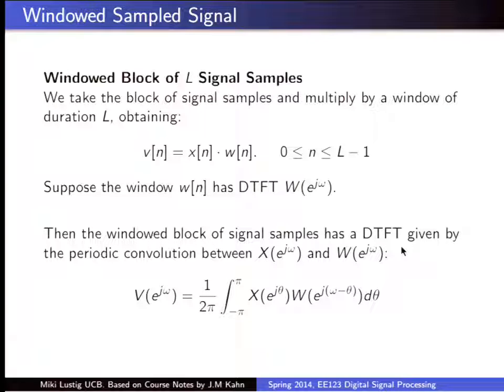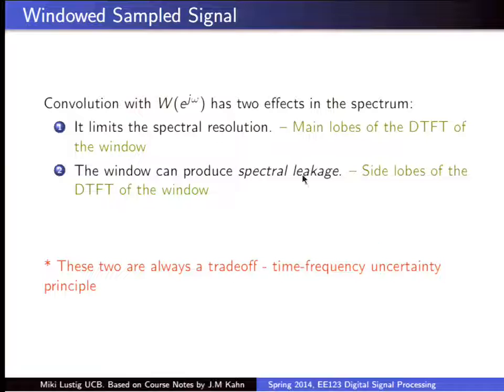So there are already implications of the size of the window and what's going on. So the convolution is going to have an effect on the spectrum. And it's going to have two main effects. The Fourier transform of the window is going to have a main lobe, and it's going to have side lobes.